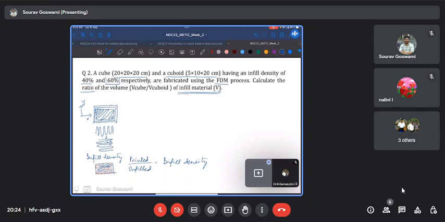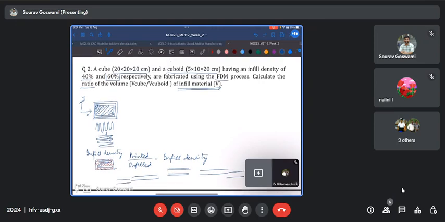This will be achieved by changing the overlap. Say in this case, there is no overlap. For another case, I might have partial overlap, or this overlap may also increase substantially. I can control the infill density.